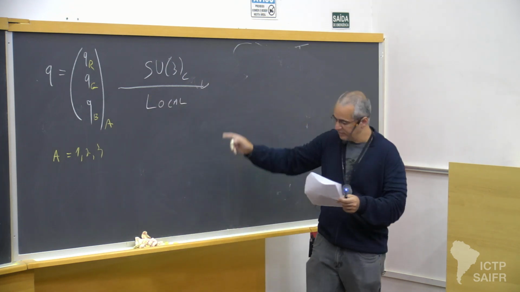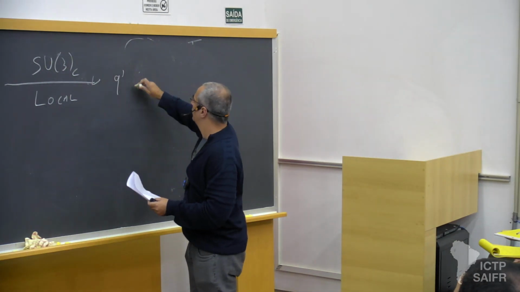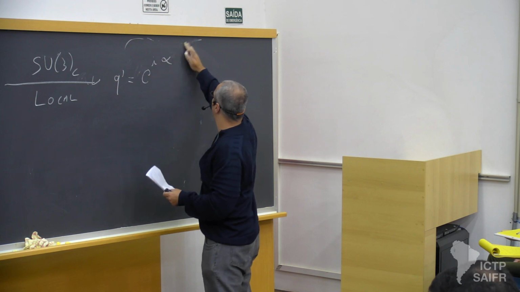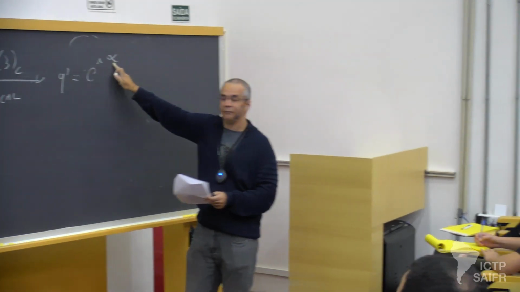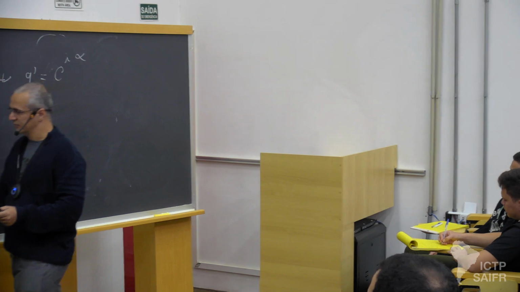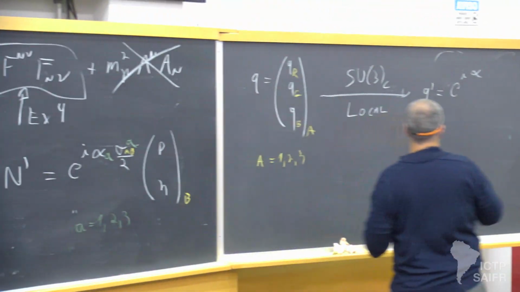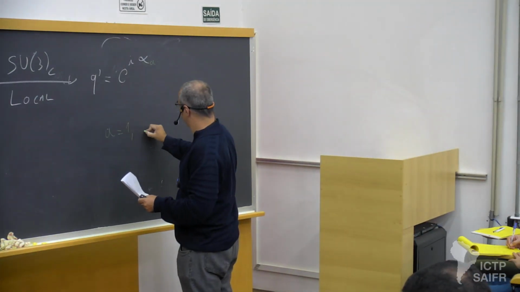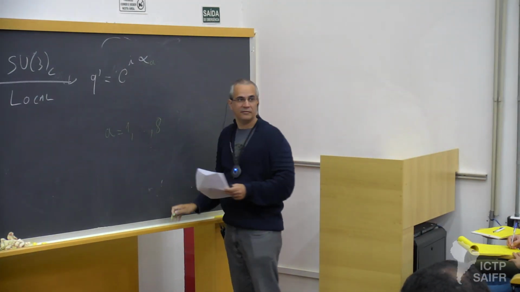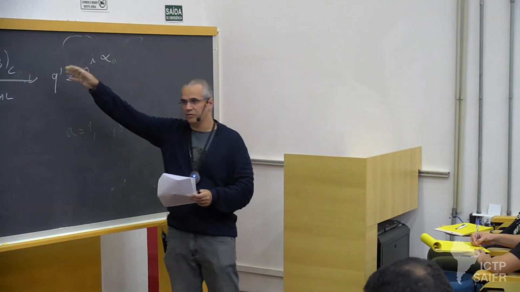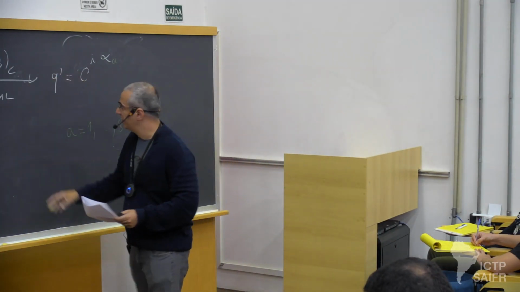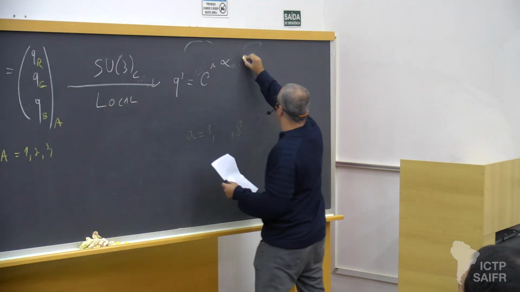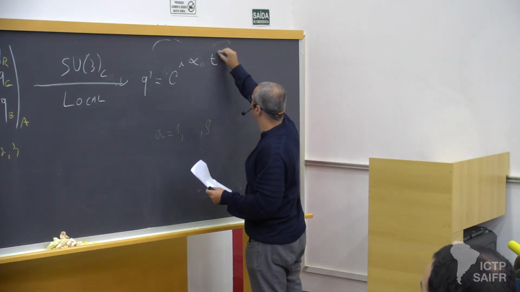So in this case, the quarks will transform like that. Again, I have these angles, so there is an index A here. But now there are 8 directions. In order to conclude that, you have to understand SU(3), right? SU(3) has 8 generators, which are what we call the Gell-Mann matrices, which I will indicate like that.